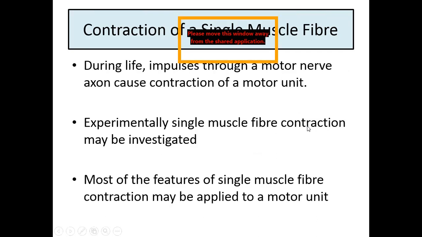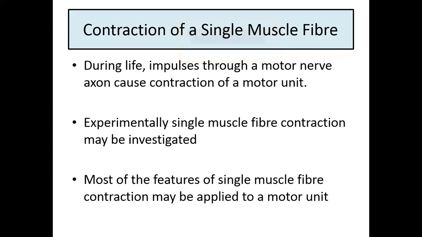We usually take the frog's nerve muscle preparation, with a muscle and the nerve innervating the muscle. That is taken out, and then we see how the muscle fiber contracts.